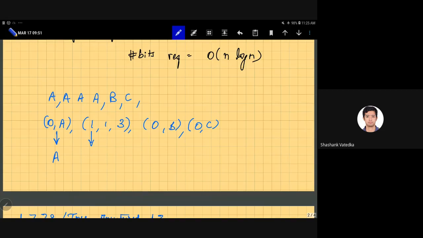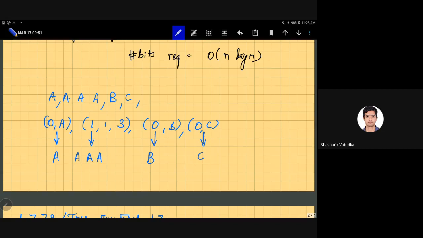The location of the match is 1. So the first character is A. The second character of the second phrase is the first character of the second phrase, which we know is A because we just got it from this. And the second character is A. The third character is also A because this is a match. Right? And the third phrase is 0B, which means that this is decoded as B. The fourth phrase is encoded as 0C, which implies that the phrase is just the symbol C.